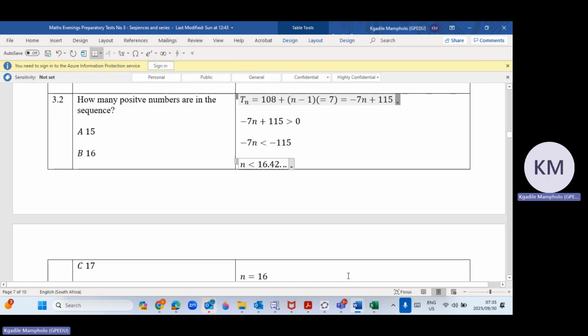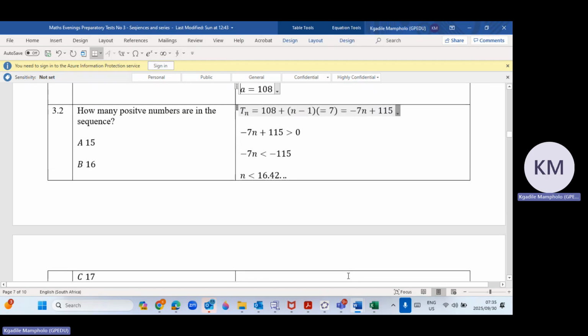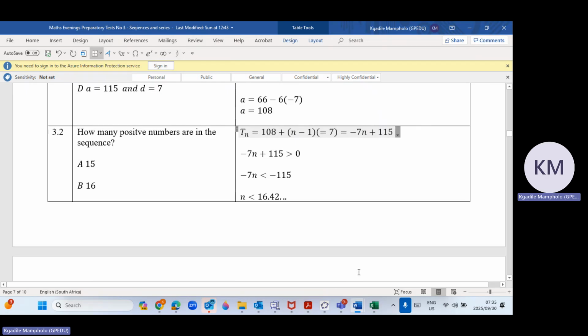How many positive numbers are in the sequence? So first you'll say, what is the Tn? We know that from here, when you say the first term is 108, you calculated it. The common difference is negative 7.